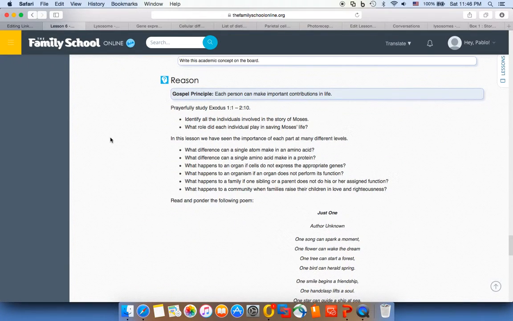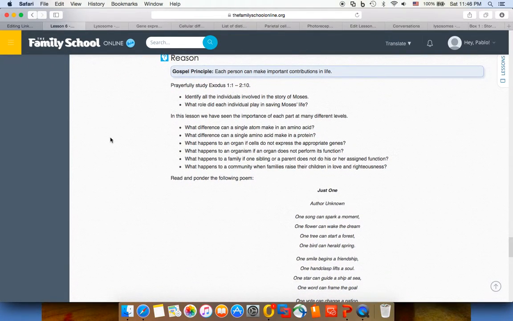So the principle here that we see is really that each one of us, like the different parts of the cell or the different types of cells, as a person, we are important and we can make a contribution in our life, in our society, and we don't have to wait.